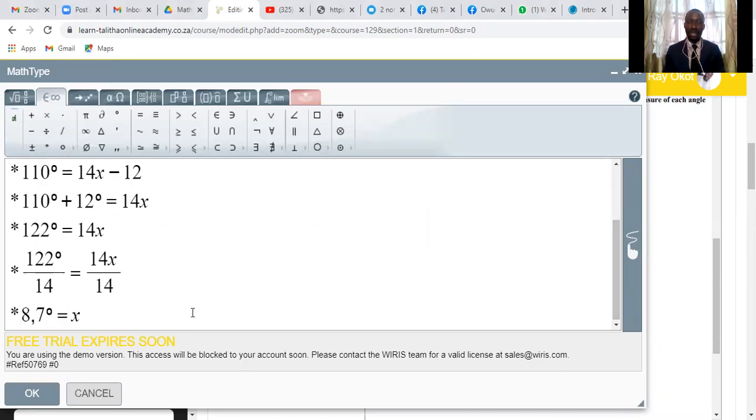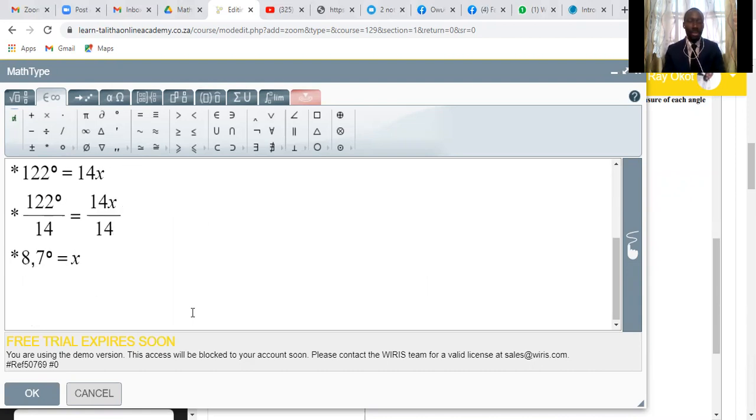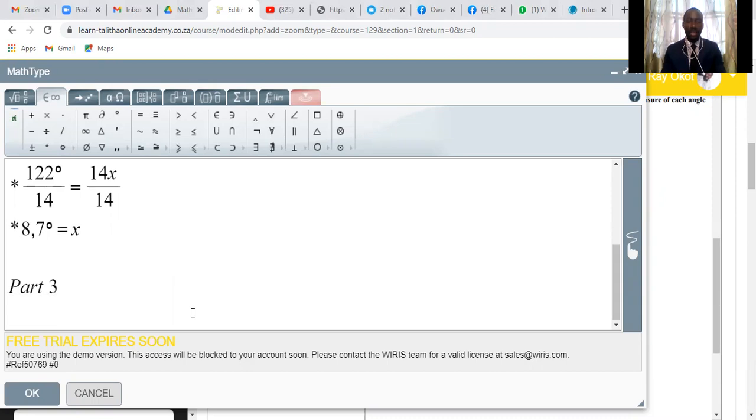All right. So let's have it written down here. So this is another question. Let's call this one part 3, just to make it a little bit easier for us. Now we have got 11x minus 7, and what? Let's have this inside the bracket.